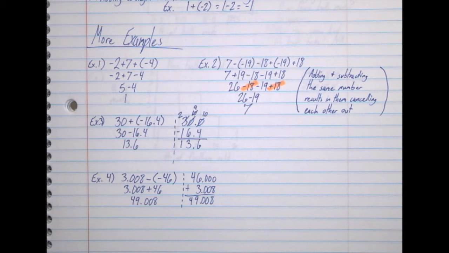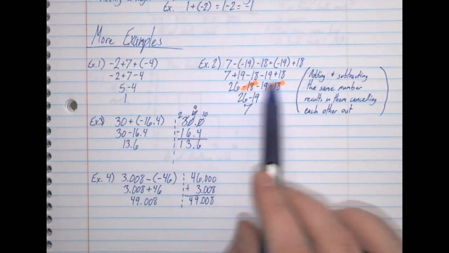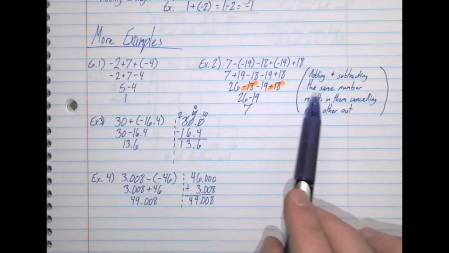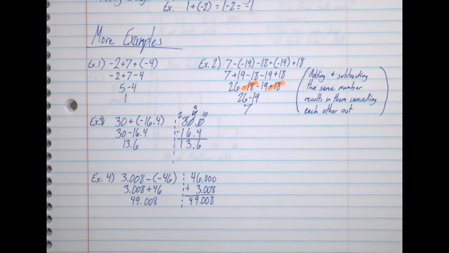Example 2: we have 7 minus negative 19 minus 18 plus negative 19 plus 18. There is another rule we can go over here, but for simplicity, I want to stick with our basic way and then explain this new rule when we get to a certain point.